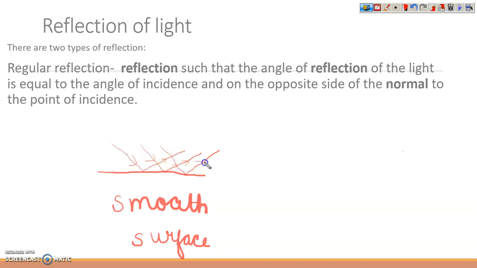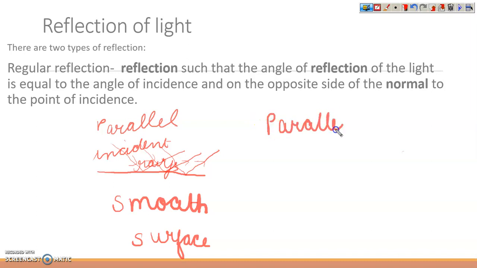And like these, if many rays are coming, these are the parallel incident rays. And these are the parallel reflected rays.